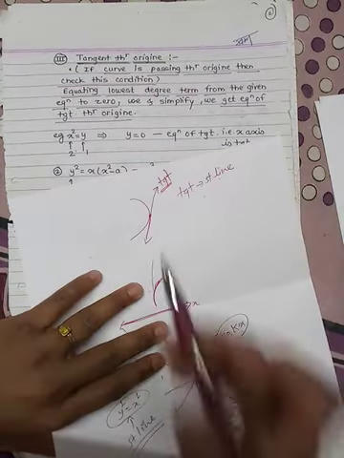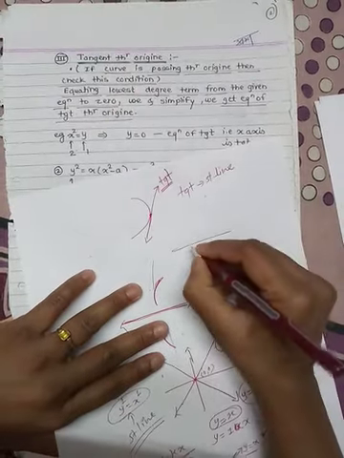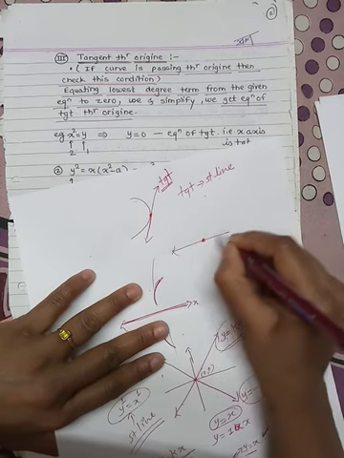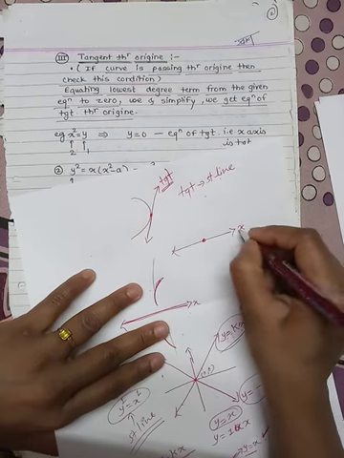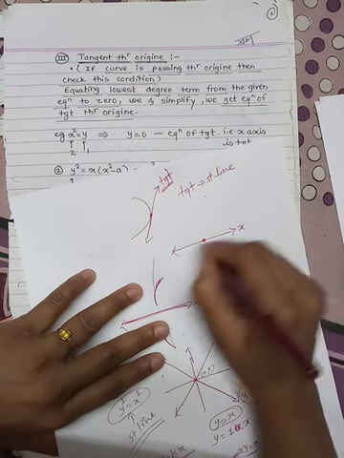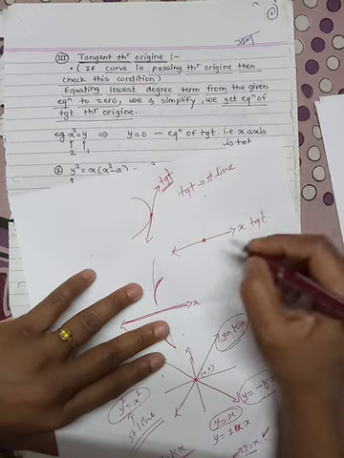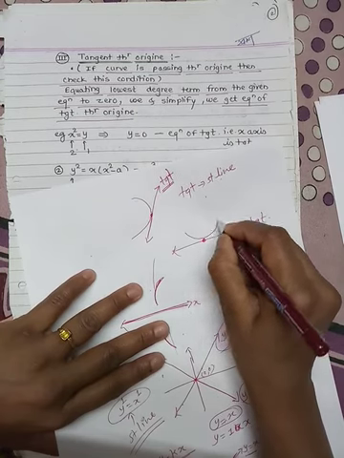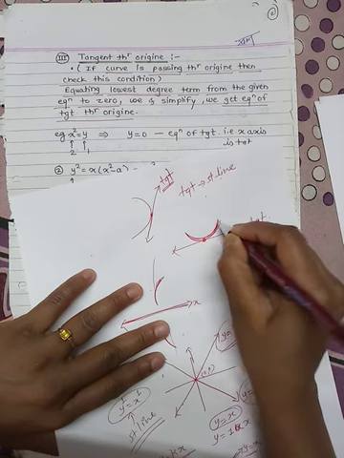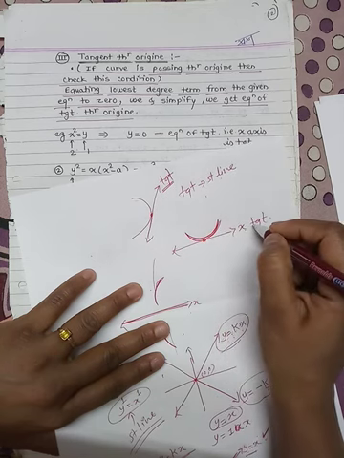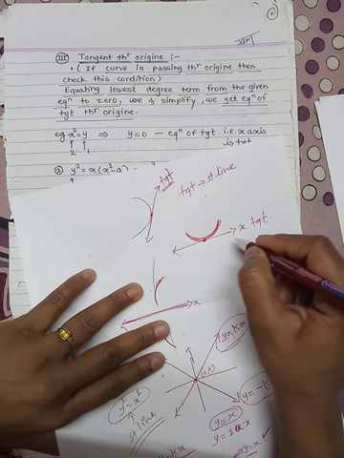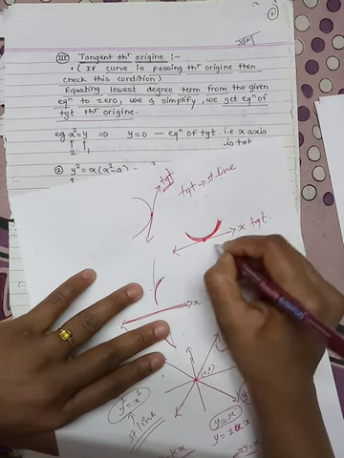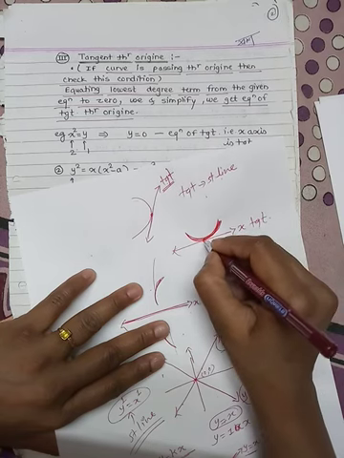So tangent through origin means, this is your x-axis, and this x-axis you can say is a tangent because this x-axis is passing through this point. So the curve is like this. The curve around this tangent will be like this because that tangent is passing through only one point.